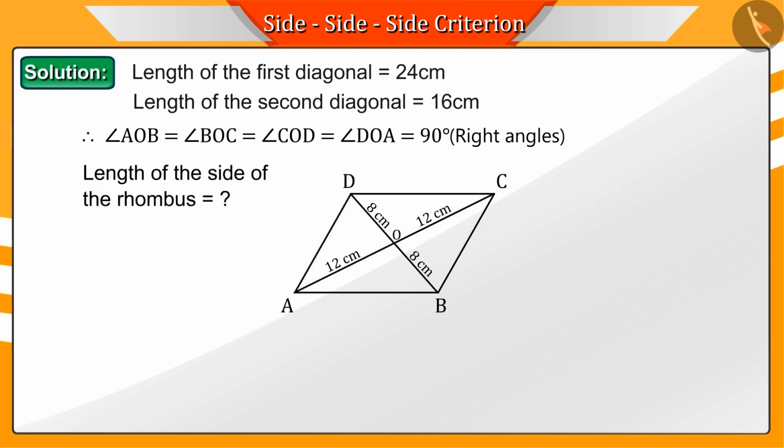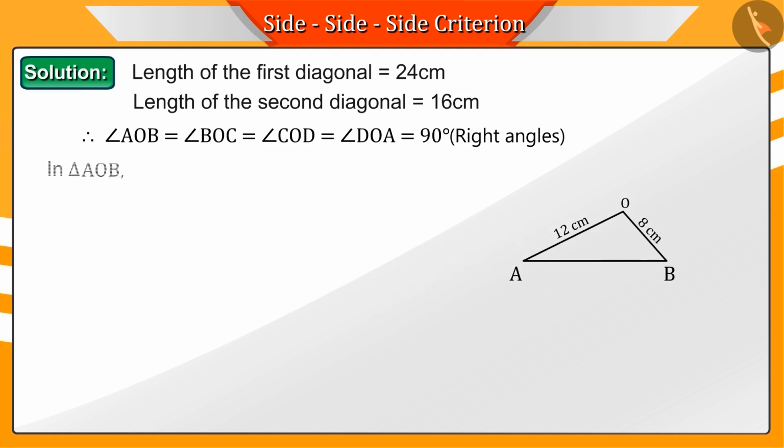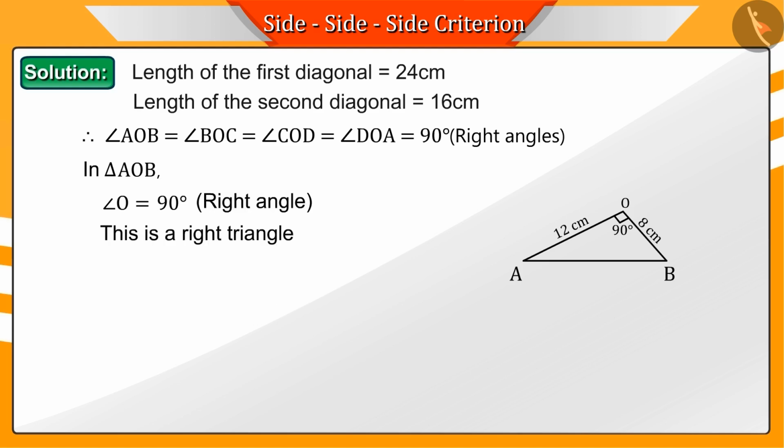Since we need to find the sides of this rhombus, if we take any one triangle, we can find the length of the sides of the rhombus. Come on, let's discuss triangle AOB. In triangle AOB, we see that angle O is 90 degrees. Hence, we can say that this triangle is a right-angled triangle.